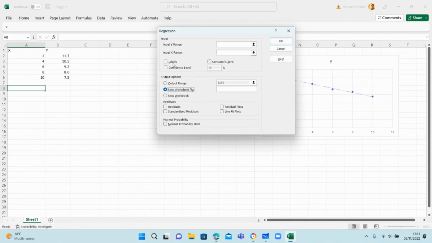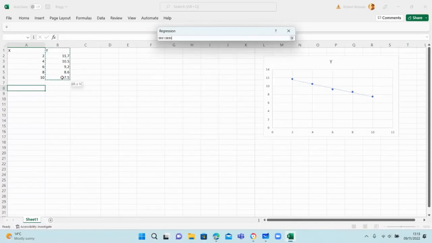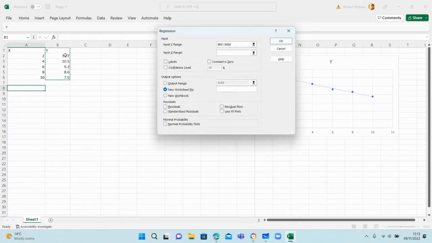Okay. So for the input Y range slot, we highlight the column for the Y variables, including the heading. Okay. And then for the slot of input X range, we highlight the values for the column of X, and automatically it will pop up in the regression window.